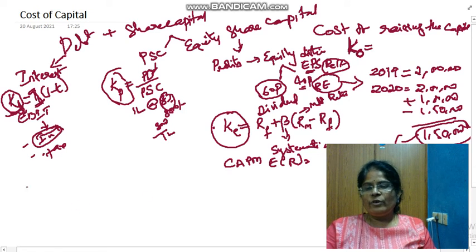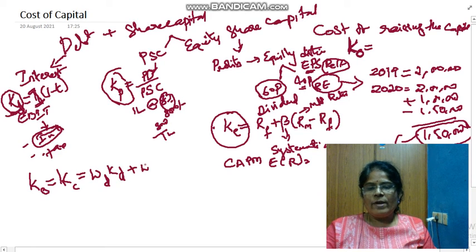Now we have to calculate the cost of capital. When you want to calculate the cost of capital, it is sometimes denoted by KC. Okay, so this is weight of debt into cost of debt, plus weight of preference share capital into cost of preference share capital, plus weight of equity share capital into cost of equity share capital.